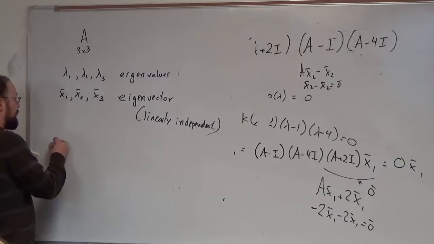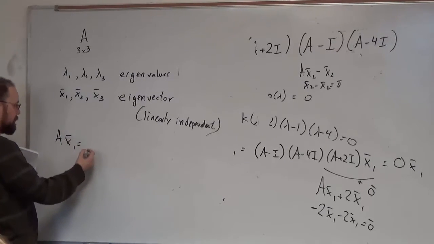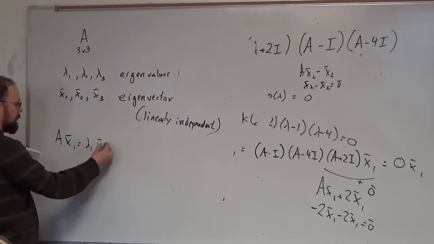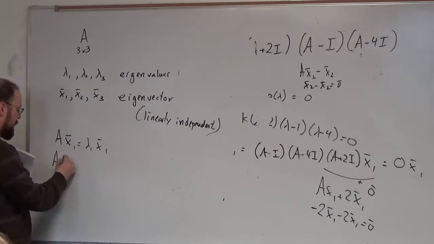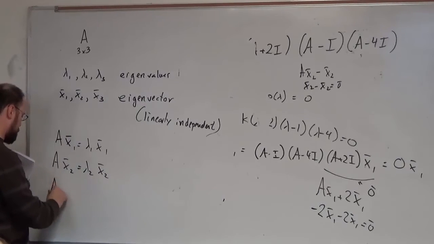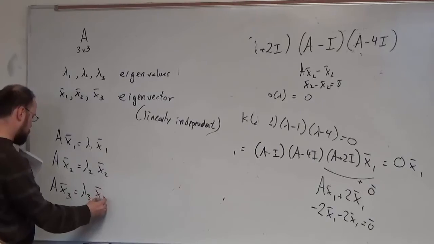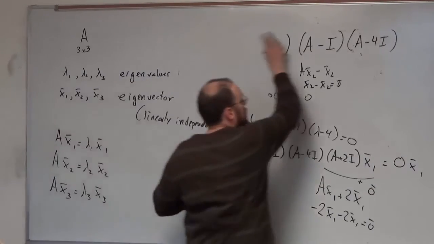So what would happen if I multiply x1 by matrix A? I would get lambda 1 times x1, and so on, right? Because these are eigenvectors, the eigenvalues. And then let's write this as a matrix equation.